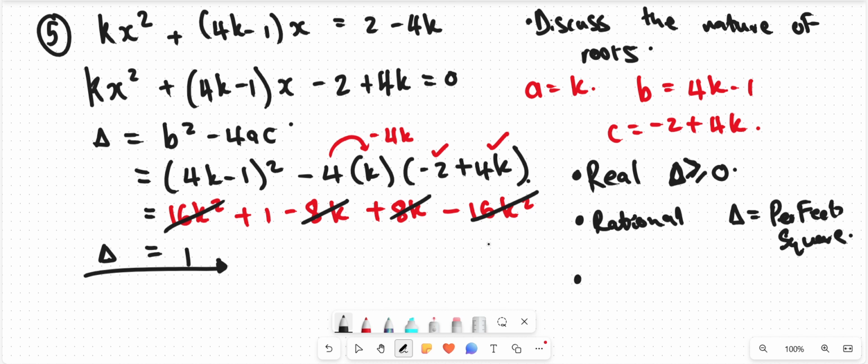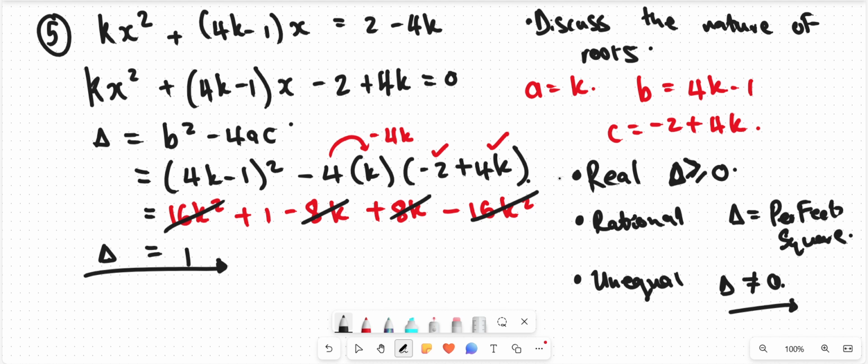And lastly, it tells me that these roots are non-equal or unequal. So remember, the only ones that are equal is when this guy is equal to 0. So the fact that it's not equal to 0 tells me that those roots are unequal.